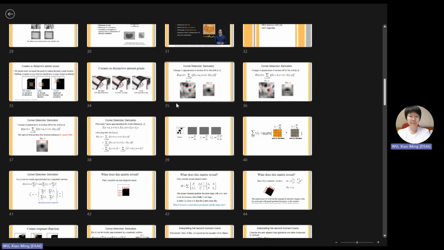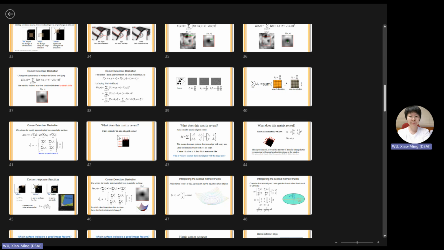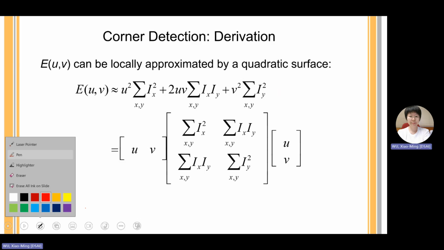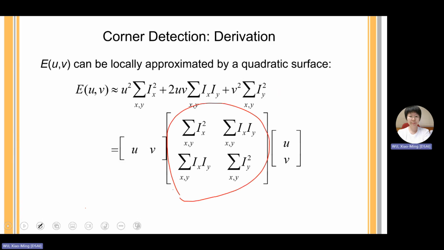Such changes are characterized by the x derivatives and y derivatives within this window, and by the second moment matrix M, which is a 2x2 matrix, and each element is computed using the x derivative and y derivative with respect to every single pixel within the window.